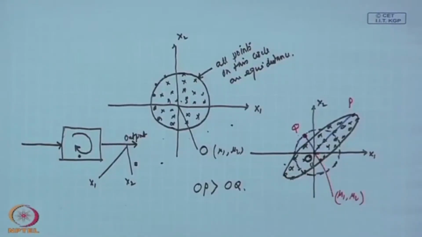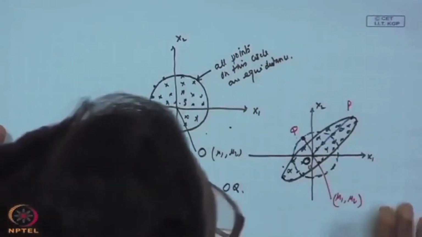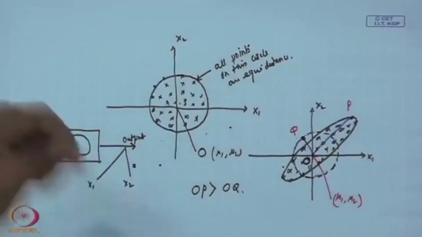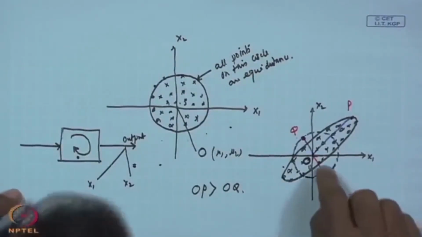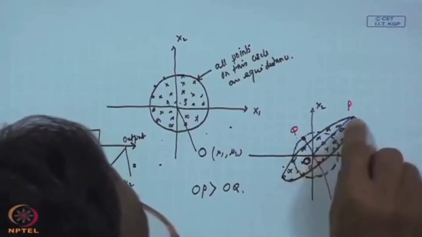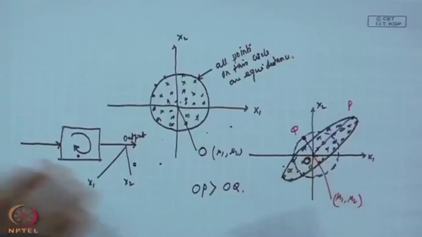Correct. Suppose you do not know the distance concept, and we are not interested in defining the scattered observations from a distance point of view. Then which one is closer to O, P or Q? Suppose you see the scatter plot, which one is closer to that mu?